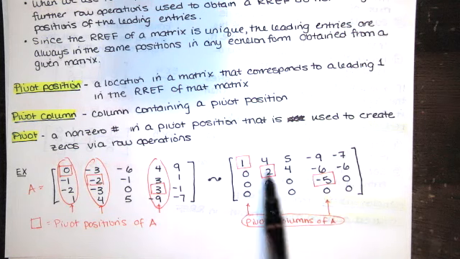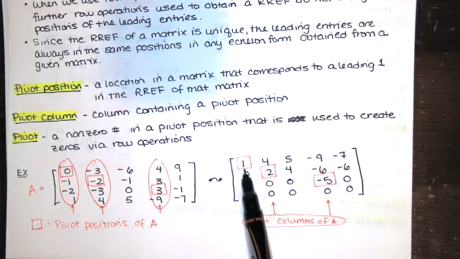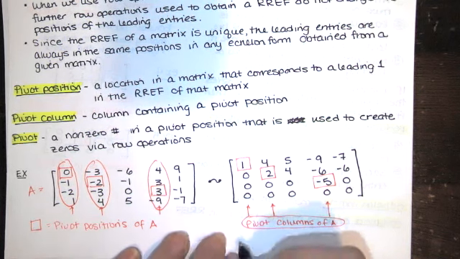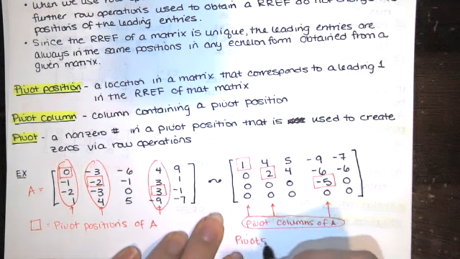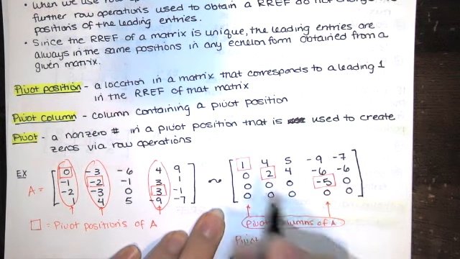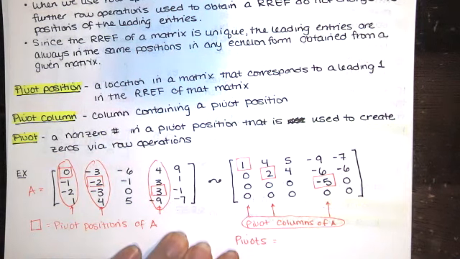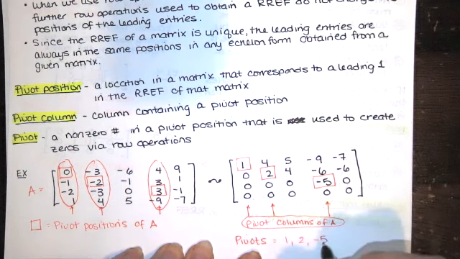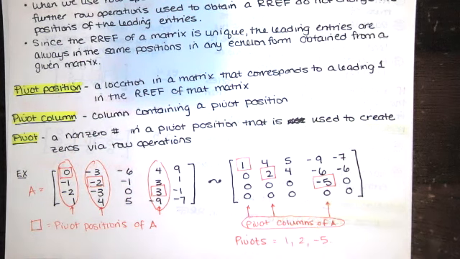And then we would call this first one a pivot as well, even though we're not going to use it to make zeros above it. We could use that one to make zeros below it, and we would tend to do that as we're going through the algorithm to create the echelon matrix in the first place. So the pivots in this particular echelon matrix for this specific matrix A are 1, 2, and -5. They're just the leading entries when we are in an echelon form for the matrix.